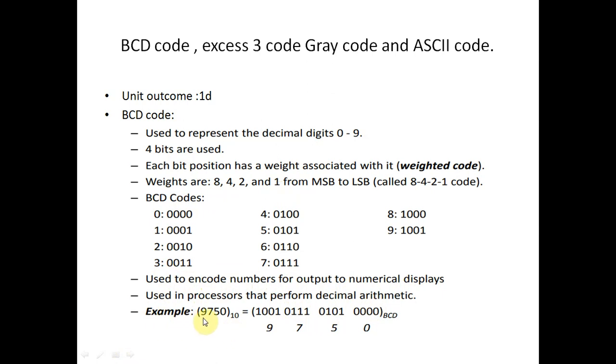For example, this is the given number, 9750. 9 is nothing but 1001. 7 is nothing but 0111. 5 is nothing but 0101. And 0 is nothing but 0000 in binary. This is how the decimal number is converted into BCD.